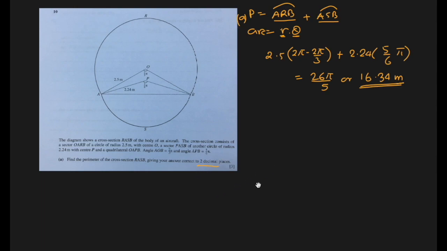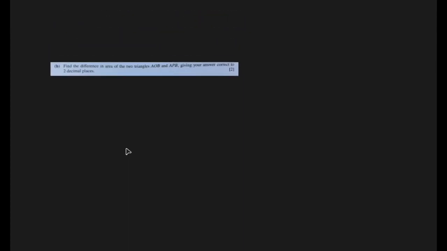That means we will have a B part as well, which is to find the difference in the area of the two triangles AOB and APB. AOB is this big triangle, and APB is the small triangle. That means if we subtract the smaller triangle from the bigger triangle, this is the area we will be left with, right?